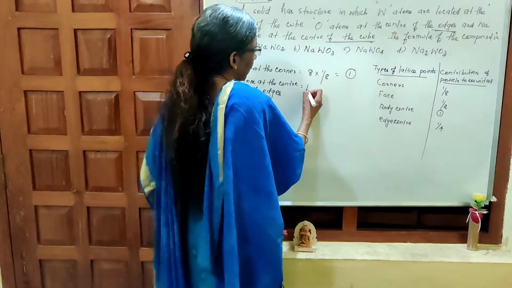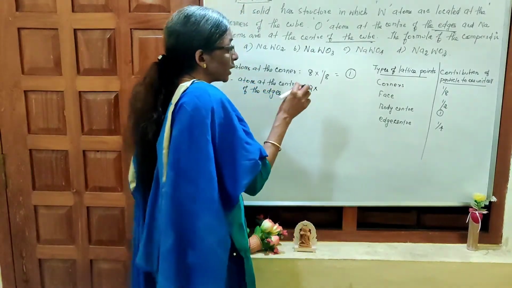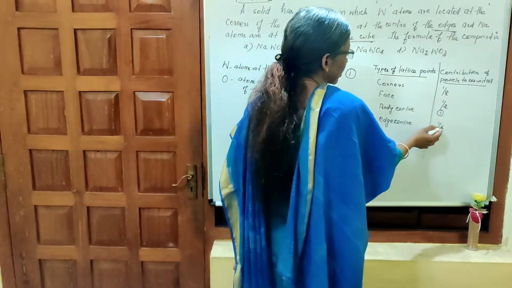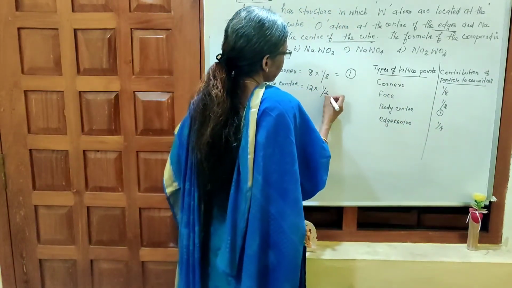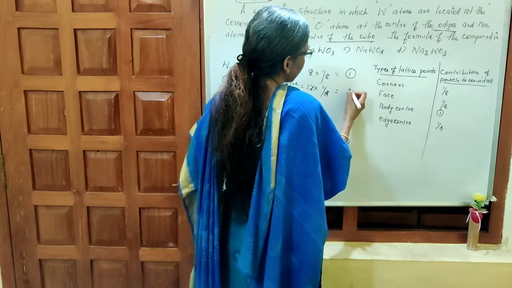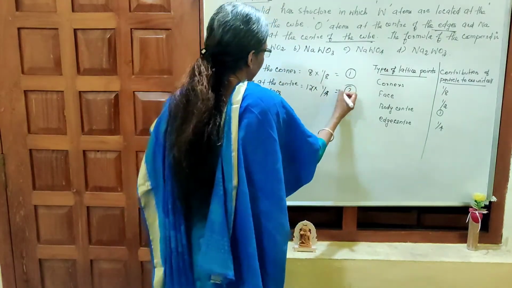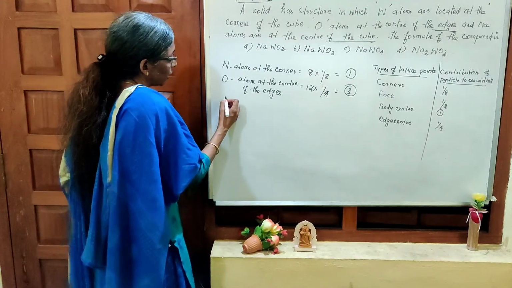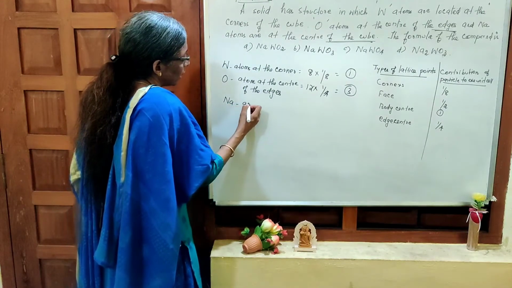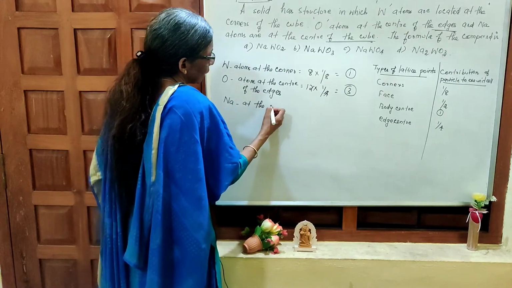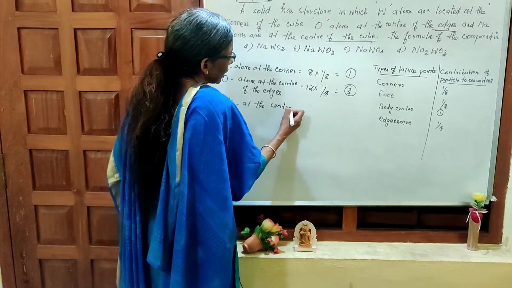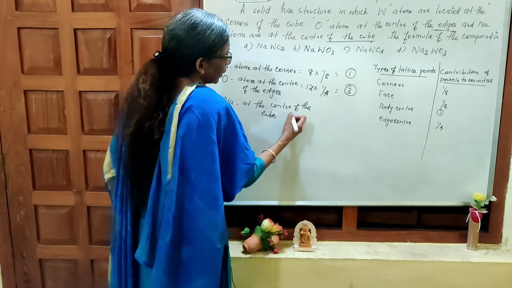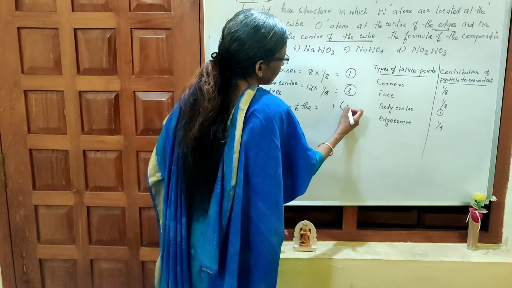So 12 times the contribution of each edge center, 1 by 4, is equal to 3. Next one, Na atoms at the center of the cube. Na atoms at the body center. Center of the cube means body center, is equal to 1.